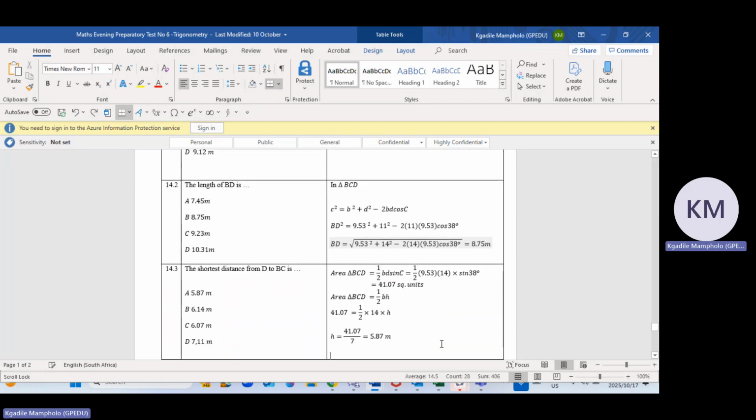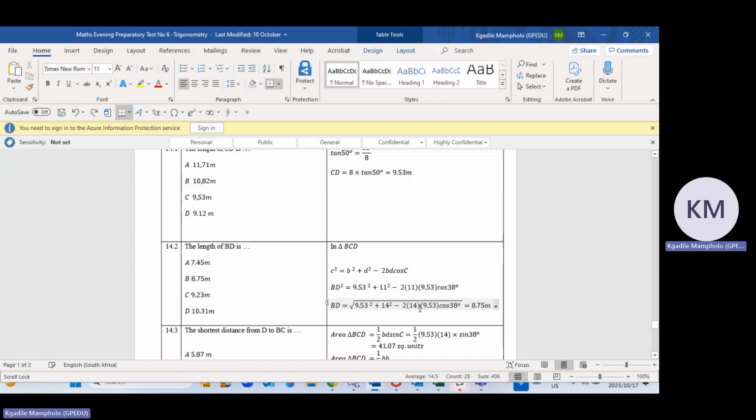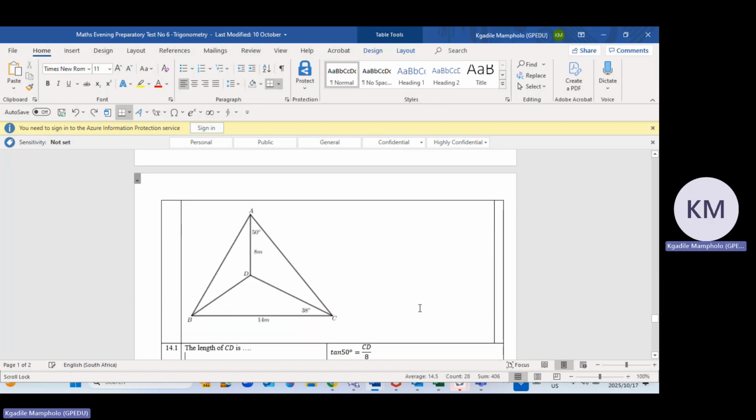14.3, calculate the shortest distance from D to BC. The shortest distance is the height. So first, we'll use the area rule to calculate the area of triangle BCD. Here, we are calculating the distance from D to this side.